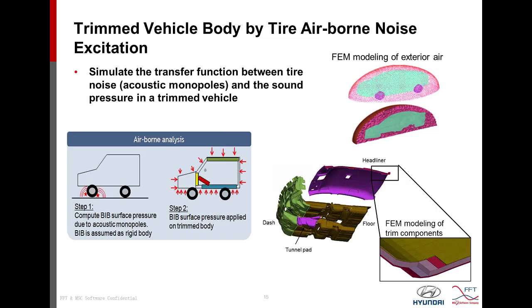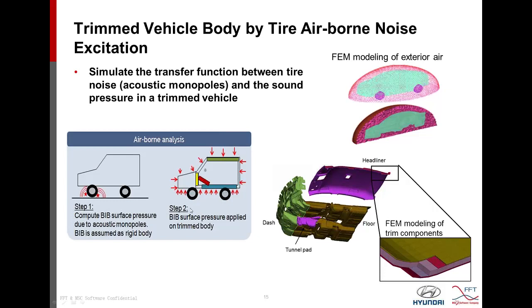Now, to model this transmission behavior, we divided the task into two sub-steps. So in the first step, we used simplified acoustic sources. So they are basically monopoles around next to the wheel, and the radiation and scattering of this source will result in a surface pressure on the car surface.